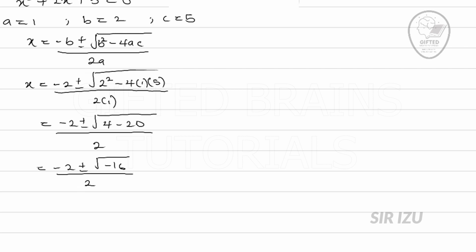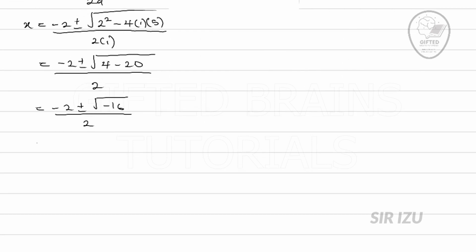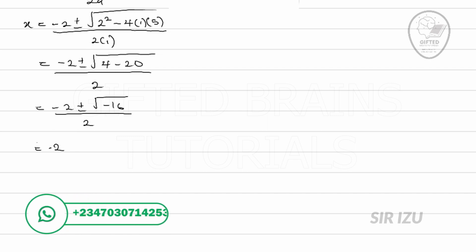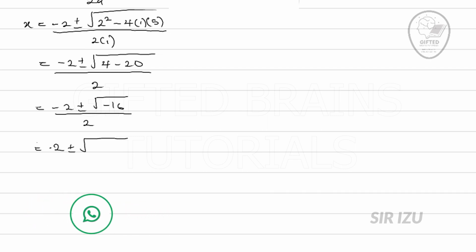We are still faced with this issue again, because square root of minus 16 does not actually have an answer. We cannot say it is minus 4, neither can we say it is 4. So what we do easily here is to introduce our i again. We can say that this is equal to minus 2 plus or minus square root of minus 1 multiplied by 16, all over 2.